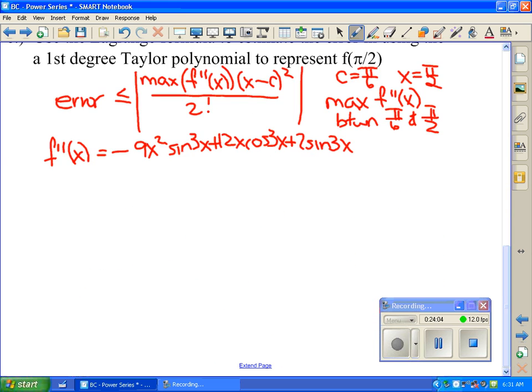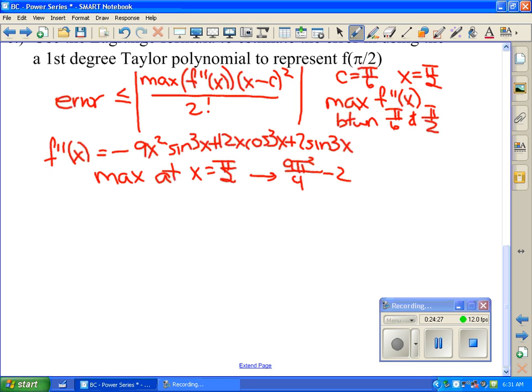And like I said, it's complicated enough that basically what I did was I graphed that function, found the maximum value. The maximum value was at x equals pi over 2. And if I substitute in pi over 2, I believe I came up with 9 pi squared over 4 minus 2 as the largest value.